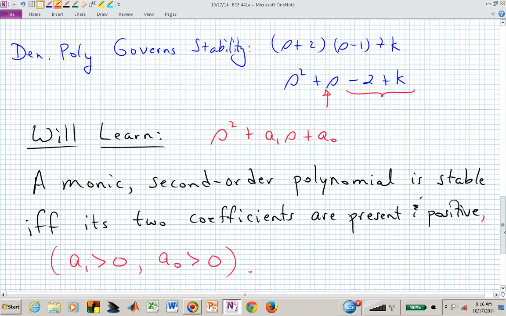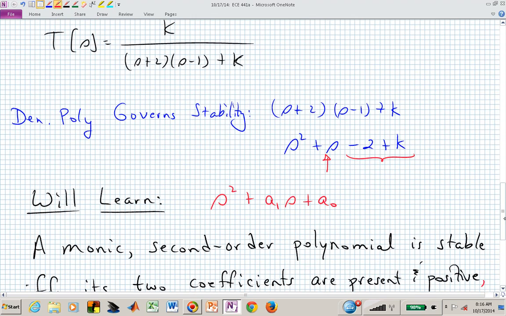Now, the question was, how complicated are these expressions going to be that involve k? K could appear in more than one coefficient, and the Routh-Hurwitz test will allow us to figure out if there are ranges or values or ways of selecting k that will produce a stable closed-loop system.